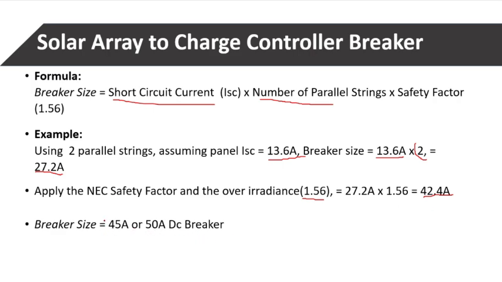Why are we using this 45? Because with standard breaker sizes, you may not get this exact 42.4 amps. So you choose the next available size in the market, and for this example we are choosing a 45 amps or 50 amps DC breaker.